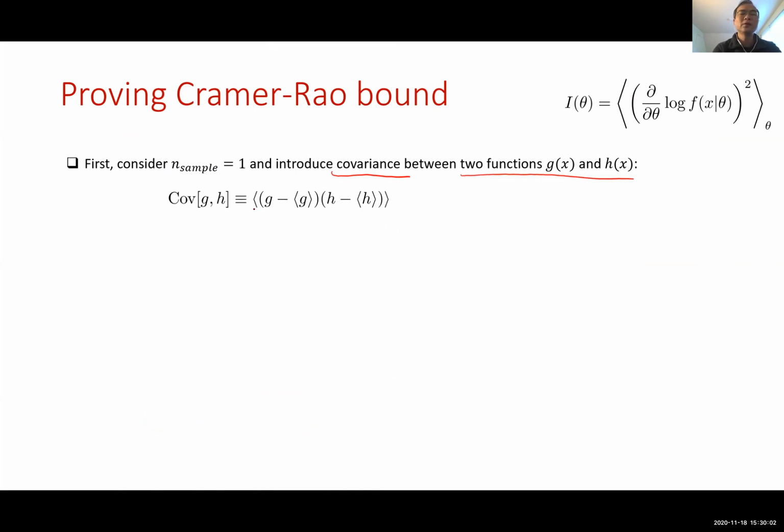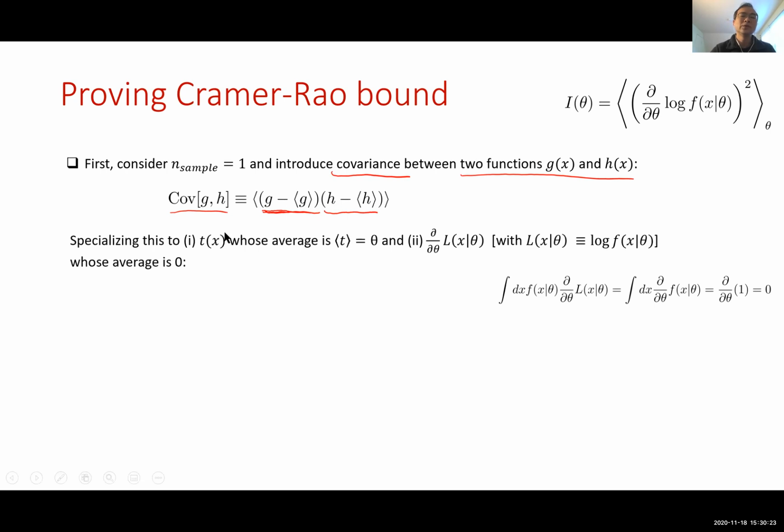We define it almost like a standard deviation, except that you have one function on one side, g, and the other, h, and this is defined as the covariance. The angular bracket is the average.